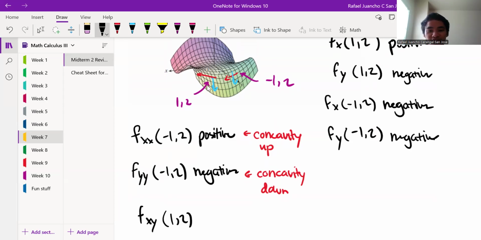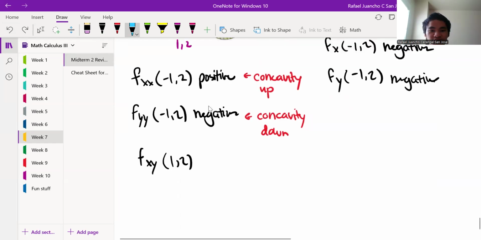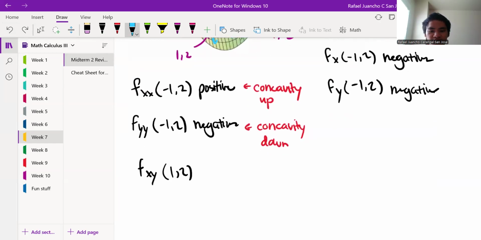If I keep on moving it in the x direction, I'm gonna get this, this, this. Is it getting steeper or not? Here it's actually not getting steeper, so that's positive.